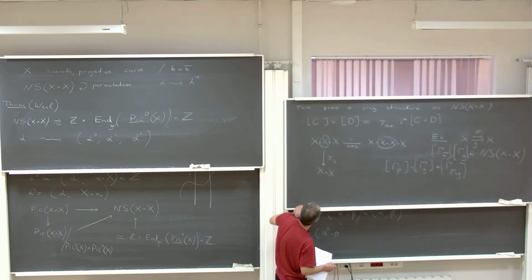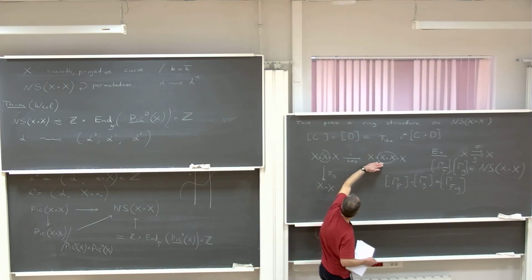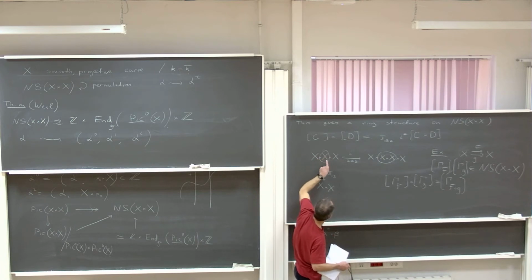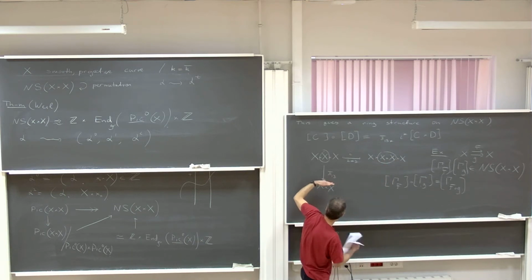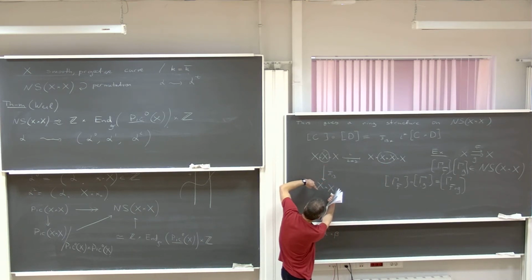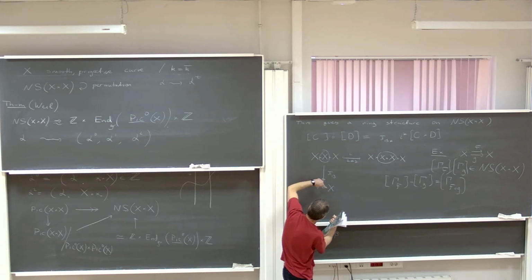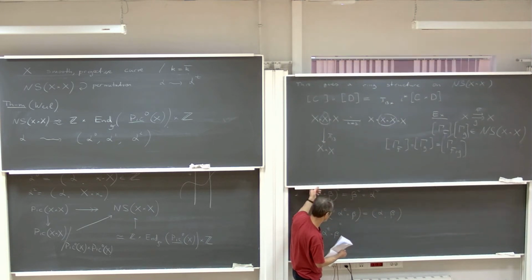Here I take this cycle and intersect it with the diagonal where the second and the third coordinates are equal. And now I also want to intersect it with the diagonal where the first and the fourth coordinates are equal.